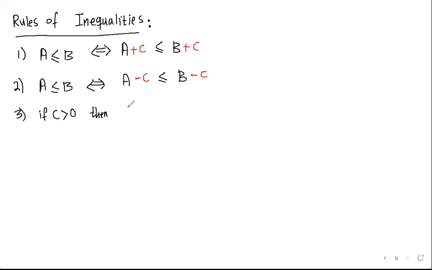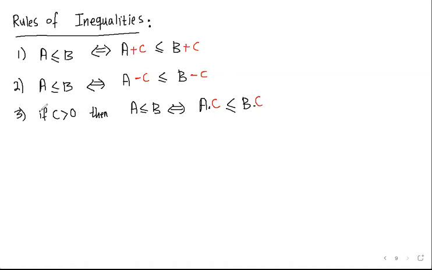Then A less than or equal to B gives me another inequality such that A times C is less than or equal to B times C. Adding, subtracting, multiplying. But look, the number C must be positive.